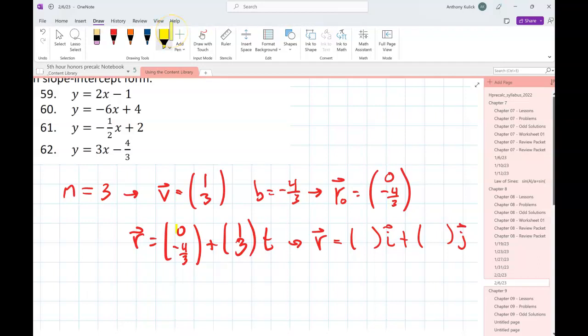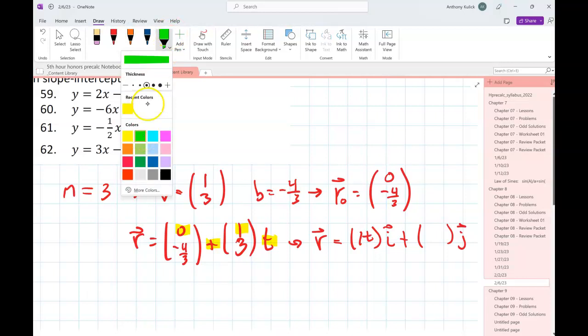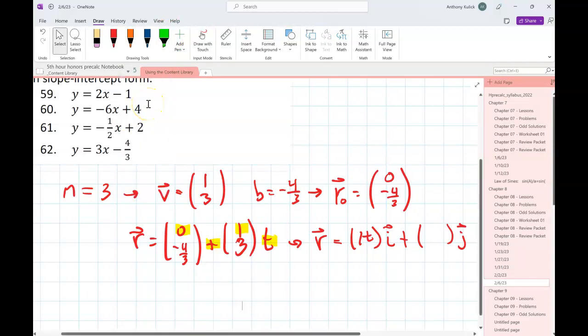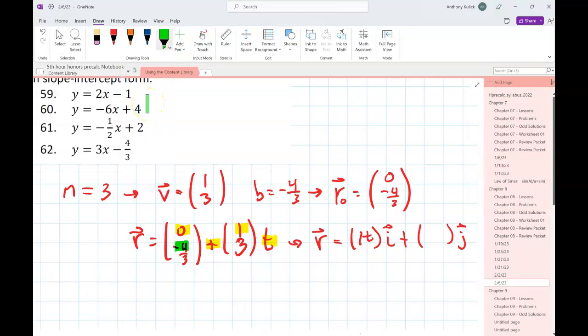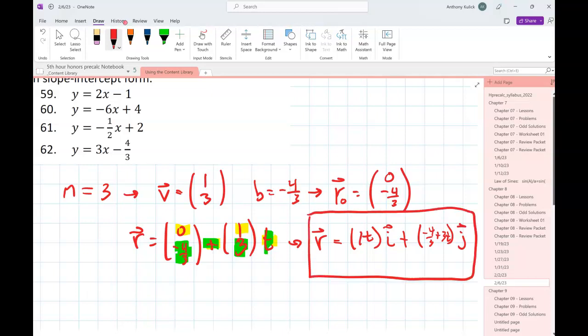So for this, it would be 0 plus 1t, or just 1t. And then for the j, that's our y component. Our y component is negative 4/3 plus 3t. And that'd be good enough.